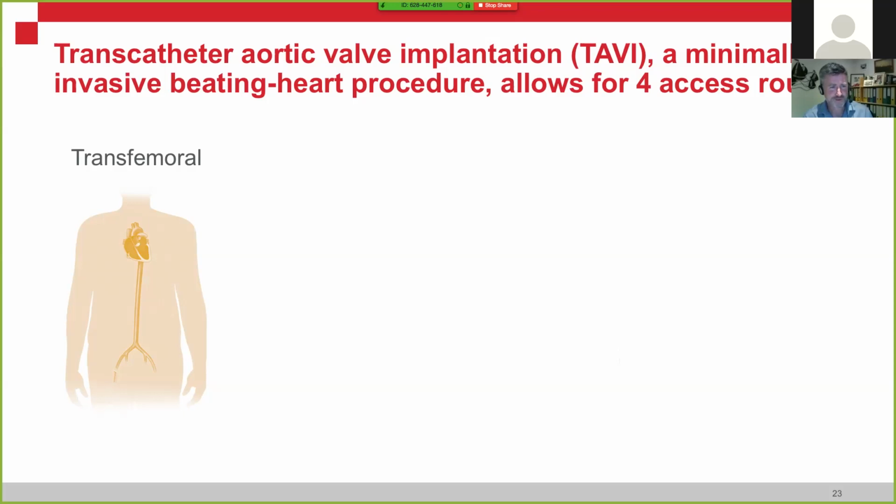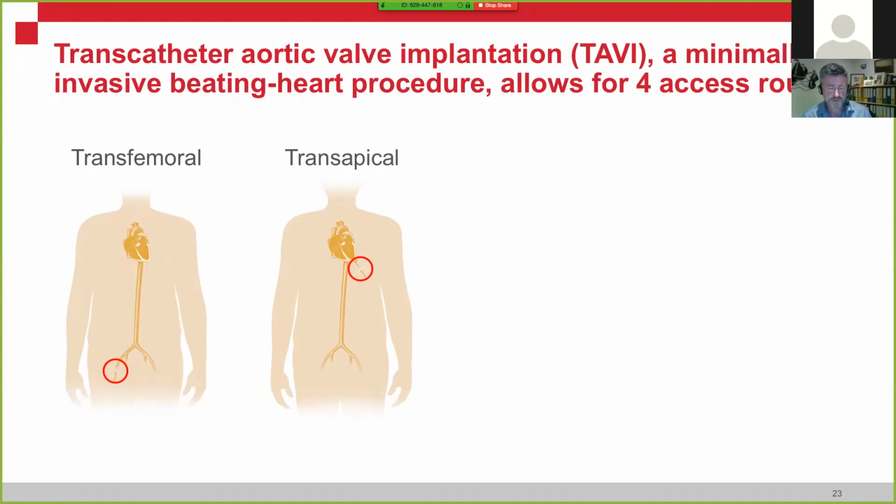So there's transfemoral. This is actually the commonest route, and certainly the one our interventionalists locally tend to prefer. There's a transapical route, which tends to be done by the surgeon, certainly in our local centre in Southampton. So these are probably the 2 commonest access routes for TAVI.